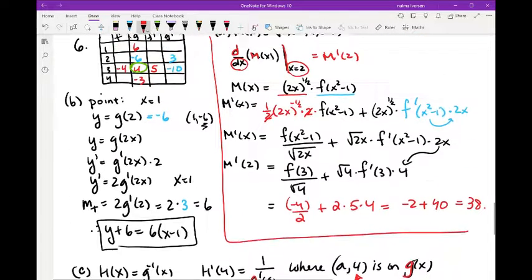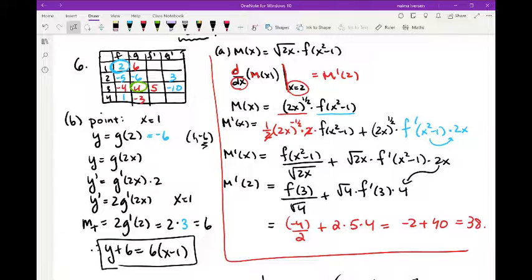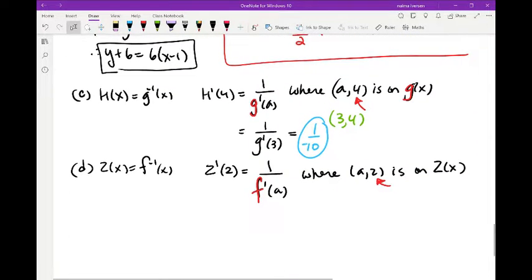So when I go back up to the table and I'm looking at my f function, it's 2 and -5 and 4 and 1, and only one of them has a y value of 2. If there was more than one, you'd list them all. So my f value, the y value is 2 when a was 1. So 1 comma 2 is on this.